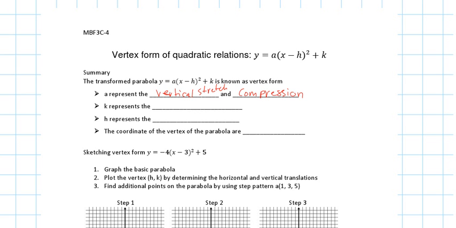Remember that if A is greater than 1, that's a vertical stretch. And if A is between 0 and 1, it's a vertical compression. And we also said if A is negative, then we have a reflection in the x-axis.